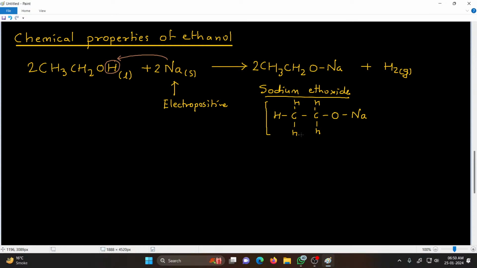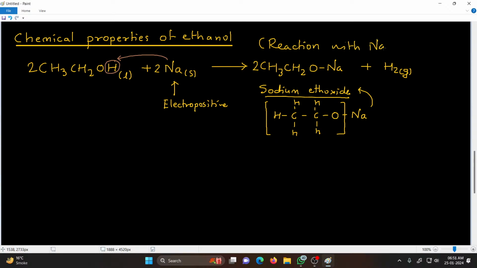So this radical is called the ethoxide radical, and the compound is called sodium ethoxide. So ethanol, or any other alcohol for that matter, when reacted with sodium, gives rise to sodium alkoxide, here sodium ethoxide, along with hydrogen gas. So this is the reaction with sodium, and you can label it as such.